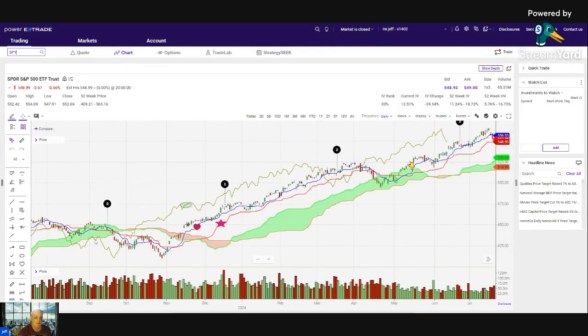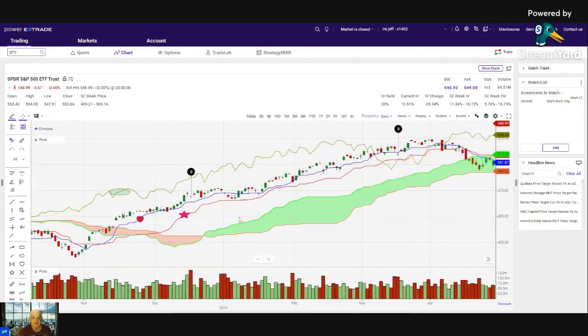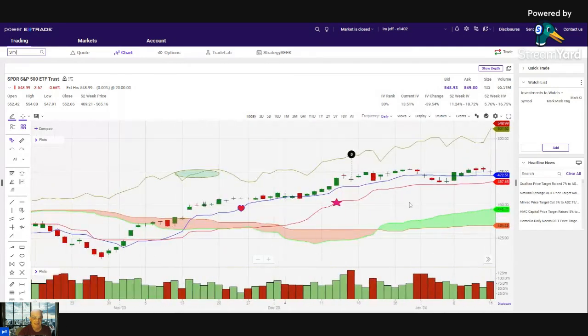And I want price to have been in a cloud and to come out of the cloud for an entry on the upside. Also, the entry candle must be green, and it must have a higher price than the previous day. Also, I never enter before earnings.